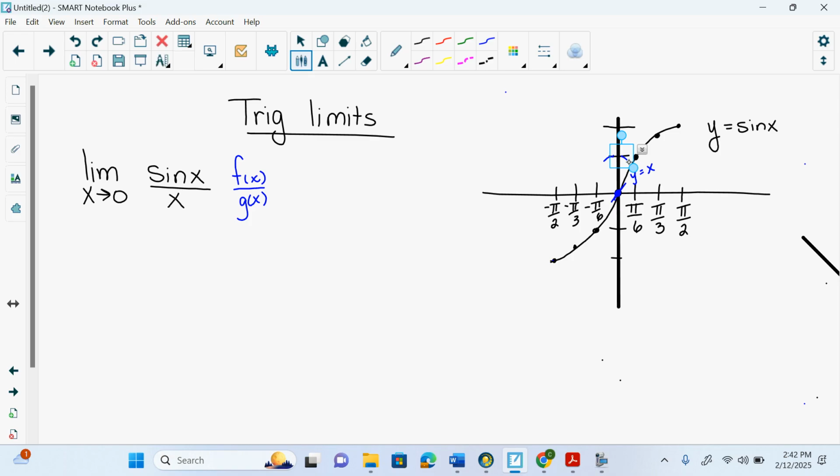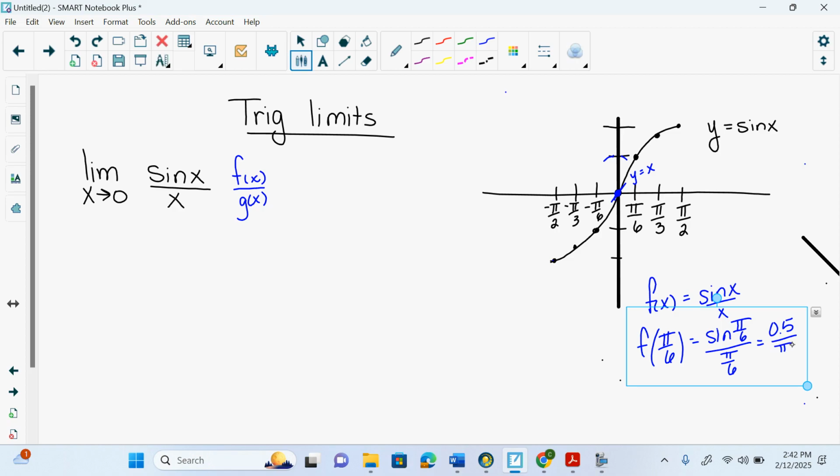The function was f of x equals sine x over x, correct? If we did pi over 6, we would get f of pi over 6 equals sine of pi over 6 divided by pi over 6. We agree? So that would be 0.5 divided by pi over 6.